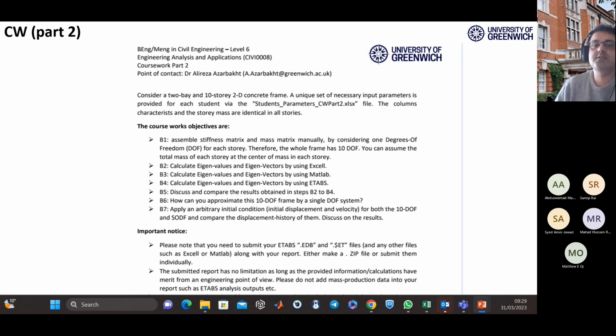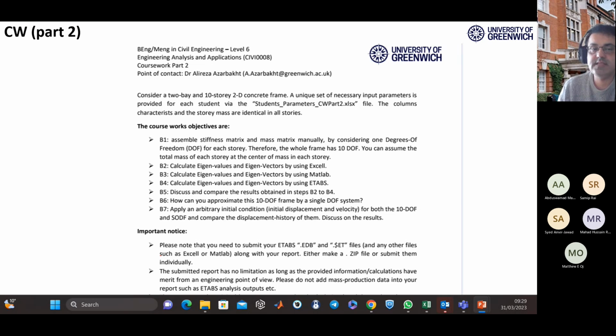So you will assume that you have a single degree of freedom system with a natural period T. This T should be equal to the first natural period of that 10-story building. This is an approximation of your whole building.